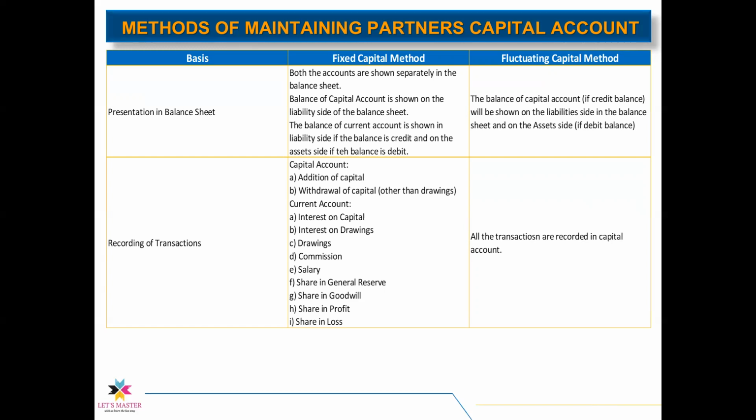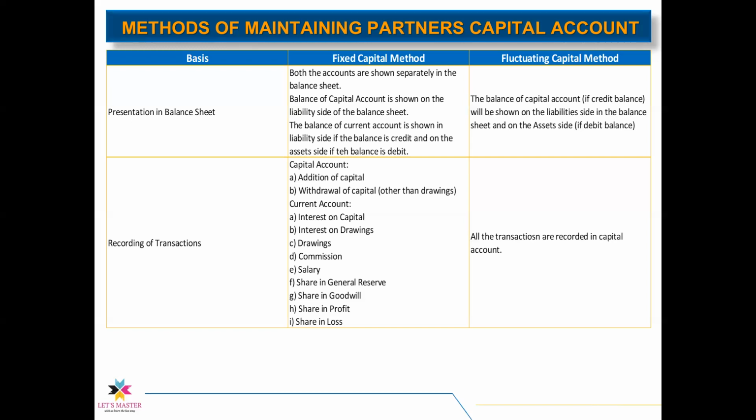If we talk about recording of transactions, then under fixed capital method, transactions related to additional capital brought in by the partners or withdrawal of capital other than drawings are recorded in partner's capital account.